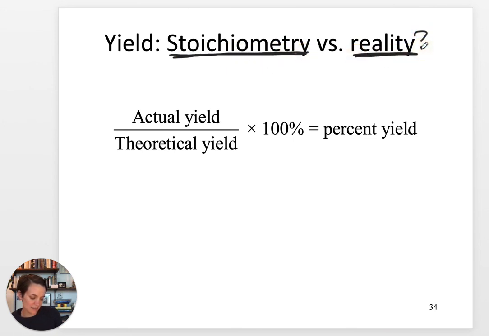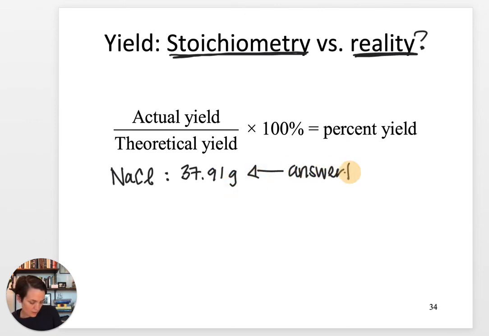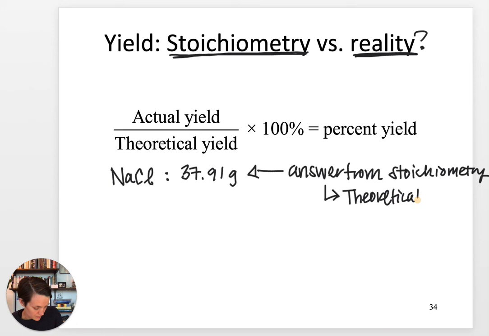So what we're looking at is, what does stoichiometry say that we'd make, and what is reality? From that last problem, we said that every single atom of chlorine was used up in that reaction, and we got 37.91 grams. This is our answer from stoichiometry, and this is also called our theoretical yield.